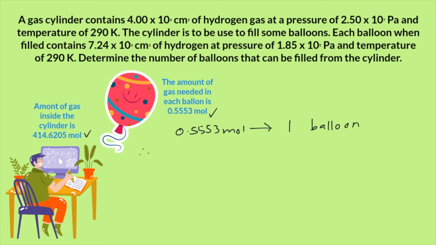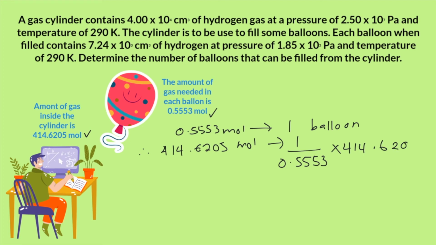You have this much, right? So 414.6205 mole is equivalent to how many balloons? So 1 over 0.5553 times 414.6205.